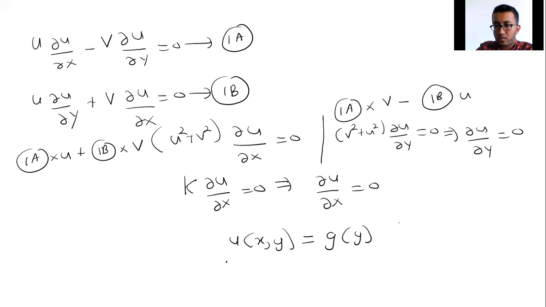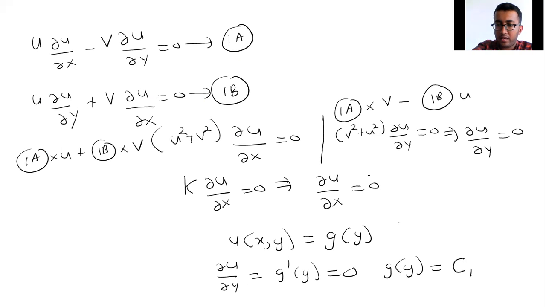So now I evaluate ∂u/∂y on both sides, then I will have g dash y, and from here I know that ∂w/∂y is equal to 0, right? So I can say that the function g is a constant. So g(y) is equal to some constant c1.